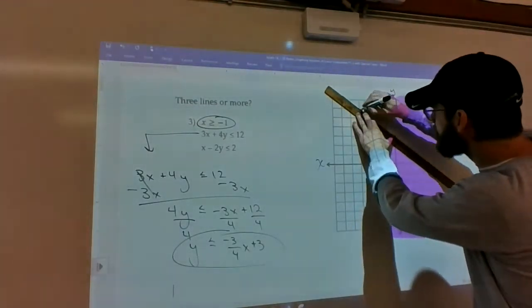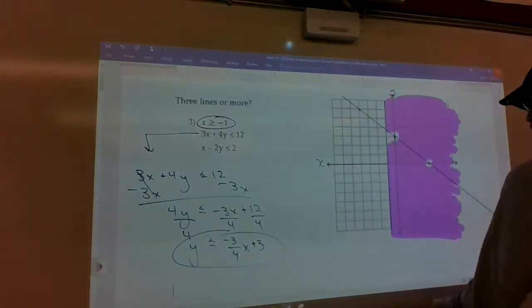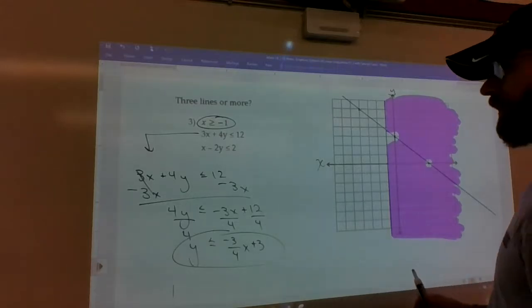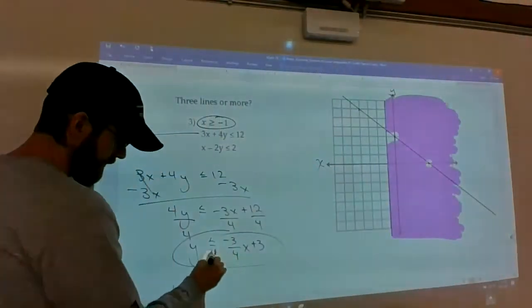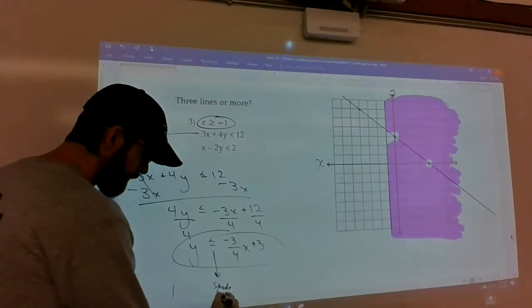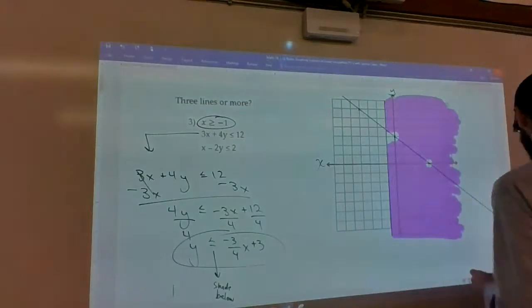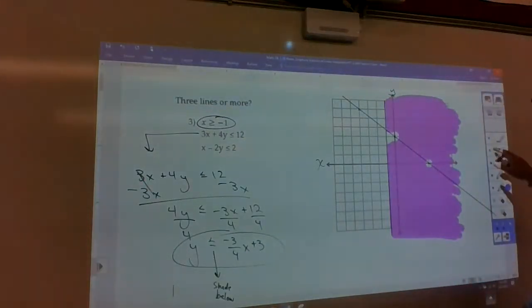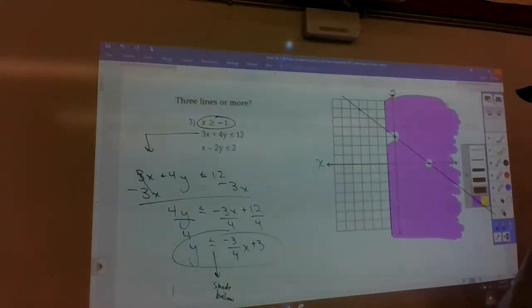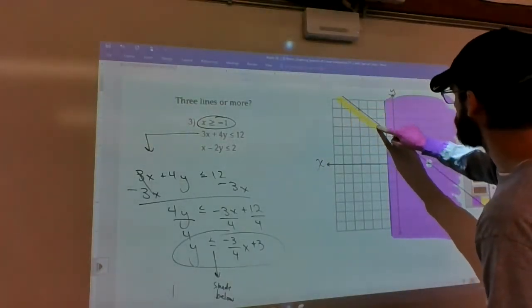Bold still. All right. This means shade below. Let's go with yellow. That'd be everything below this line.